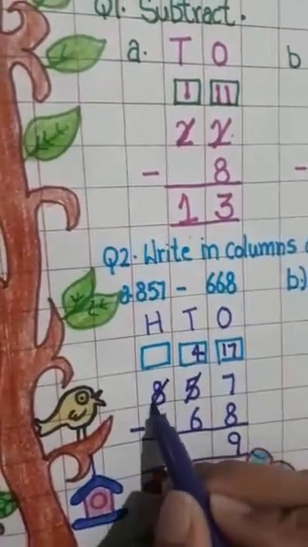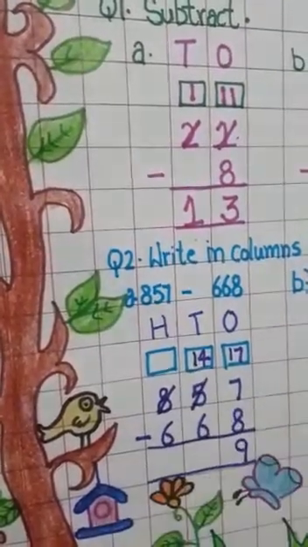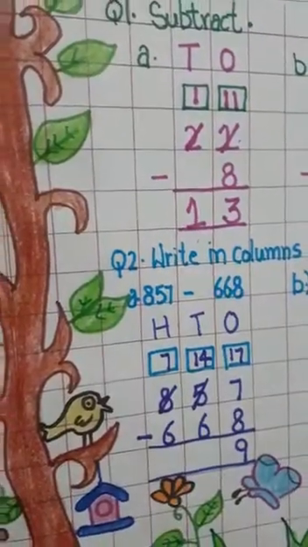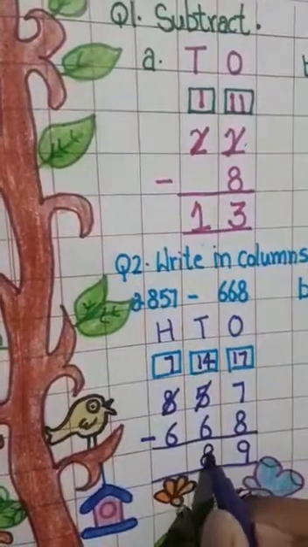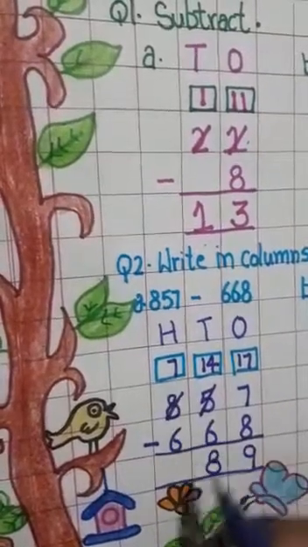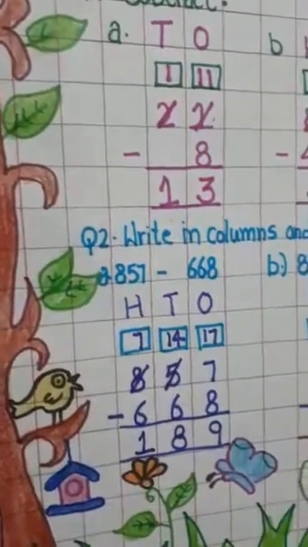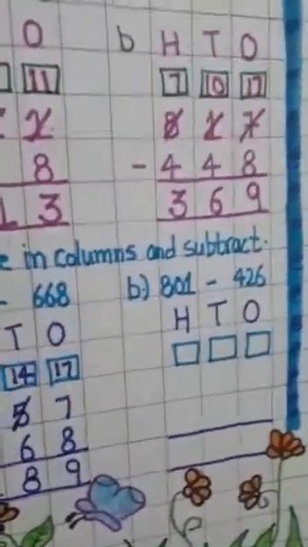So again we will take one borrow, then it will become 14 and here 7. So now you subtract 14 minus 6. 14 minus 6 will be 8 and 7 minus 6 will be 1. The answer is 189.